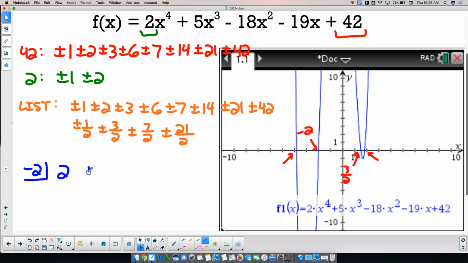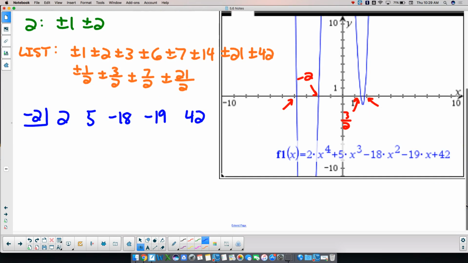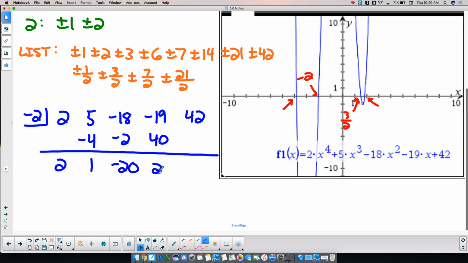2, 5, -18, -19, and 42. Two, -4, 1, -2, -20, 40, 21, -42, 0.